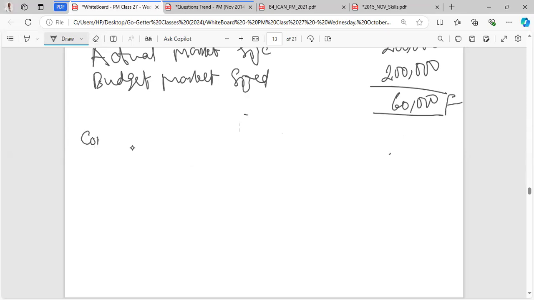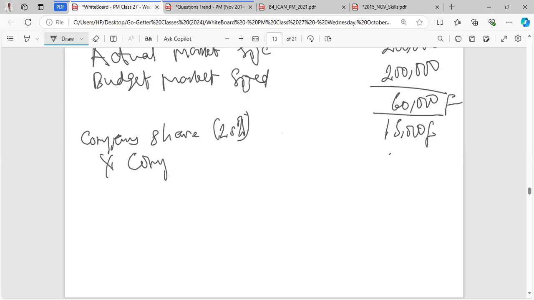Company's share, which is 25%, and we calculated 25% to be 15,000 favorable, multiplied by the company's contribution margin.